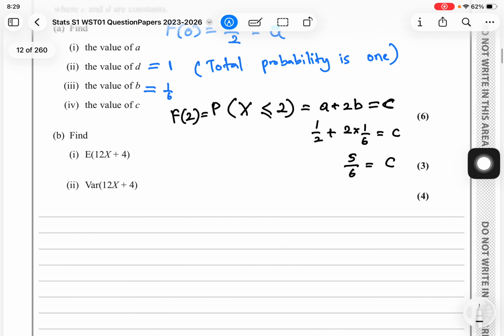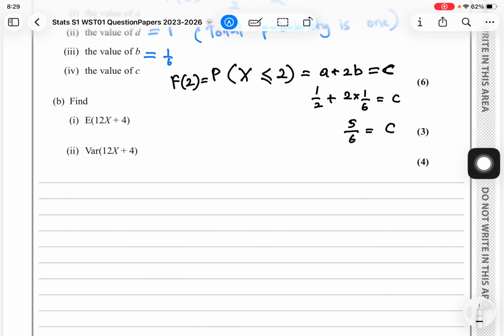Now let's go to the B section. In B, they ask for the expectation of 12x plus 4. Before that, let's revise our memory. What is the expectation?